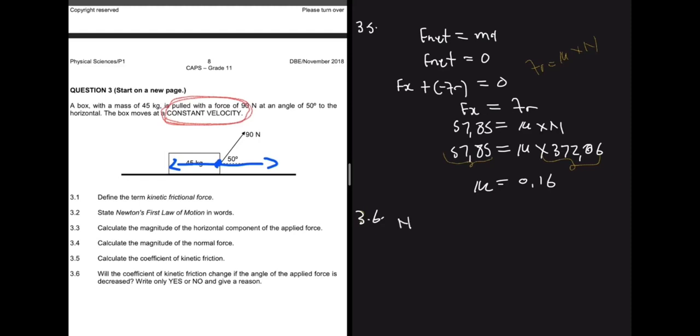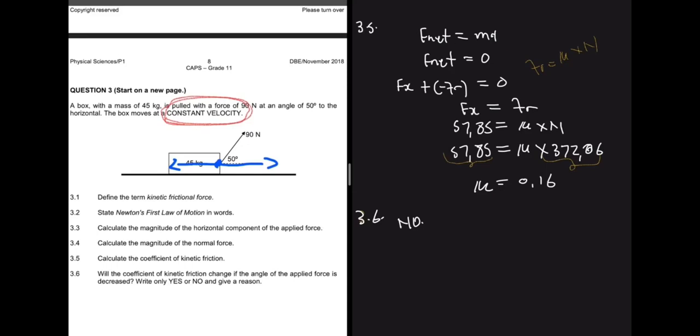No, it's not going to change, because when we define kinetic frictional force, we say that it is the force that opposes the motion of a moving object relative to a surface, not relative to the applied force or anything else. So if you want to change the coefficient of friction, you change the surface and nothing else. No matter what else you change, the coefficient will stay the same.